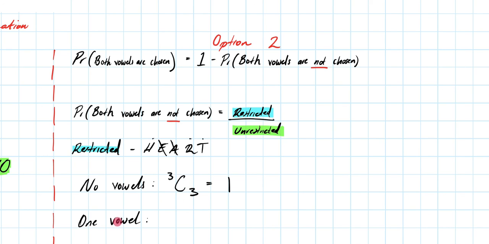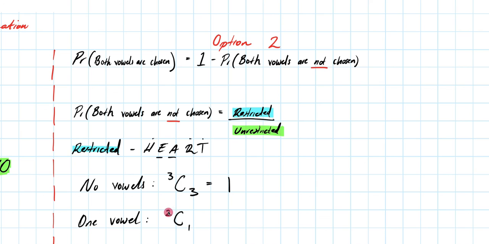Now, second. How many different combinations are just going to involve one vowel? Well, what that means is I can either have an E or an A, but I can't have both. So that means I have 2 options, but I only have 1 position for them. So it can either be an E or an A. It can't be both.